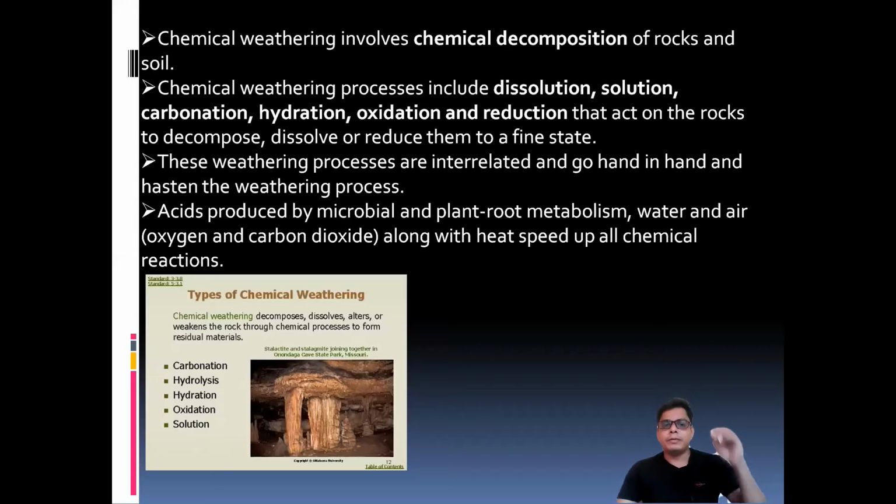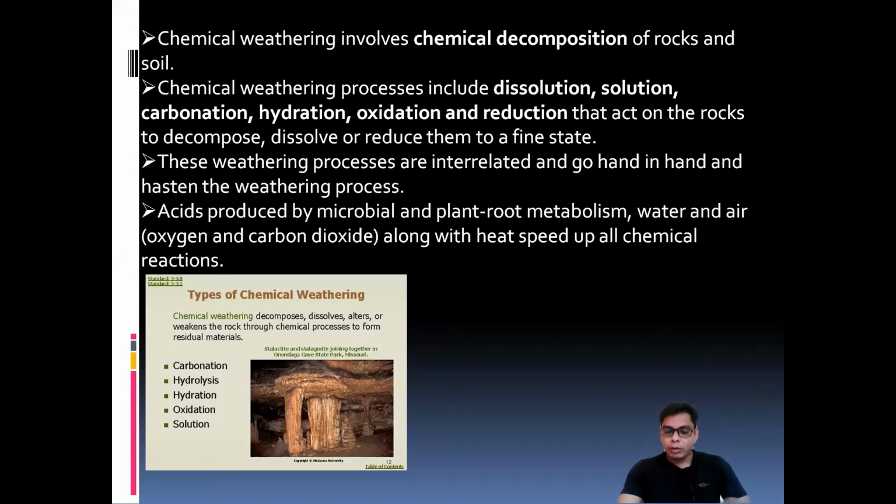Before starting this chapter, we have to discuss what chemical weathering is. Perhaps you know what chemical weathering is. Chemical weathering involves the chemical decomposition of rocks and soil. This is known as chemical weathering.